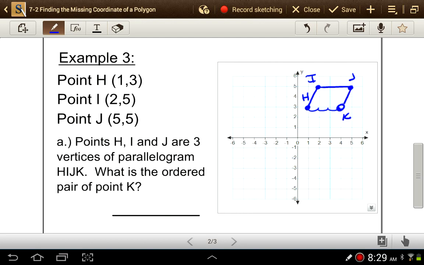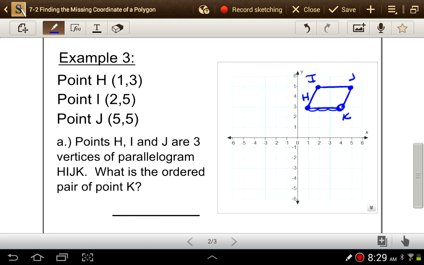Now when I connect those, there is my parallelogram. You can also see that to go from H to I, I go right 1 and then up 2. So that means to go from K to J, I'd go right 1, up 2. So there's another way that you can do it. But you have to remember that opposite sides are the same length. You have to make sure of that.